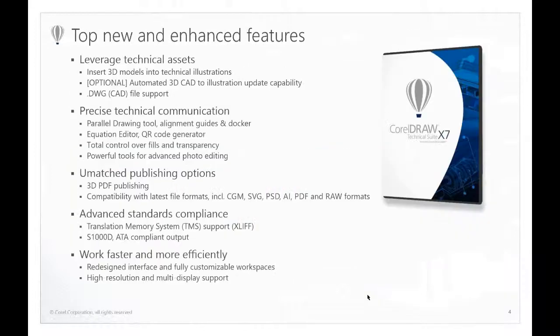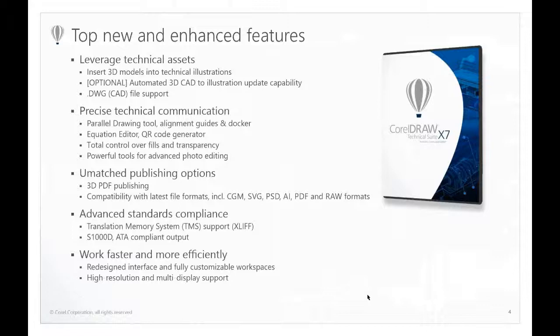So let's take a look at CorelDRAW Technical Suite X7. As you can see here, there's a lot of text, and that means there is a lot to show. This is only trying to list the highlights of what's new in CorelDRAW Technical Suite X7.